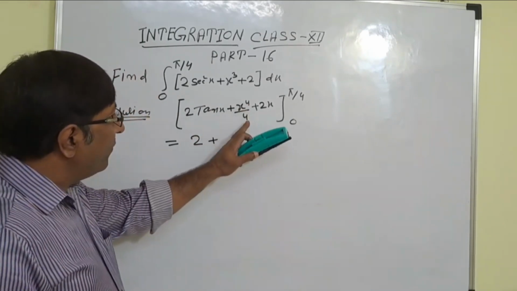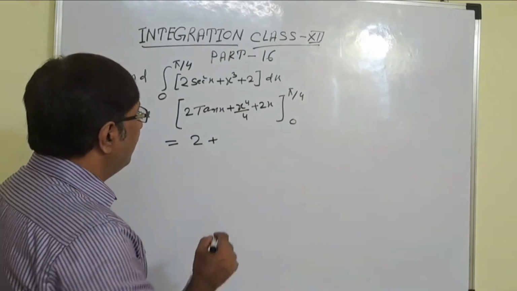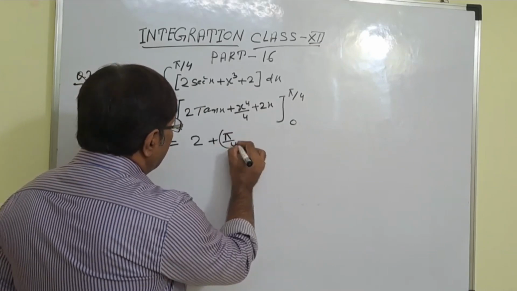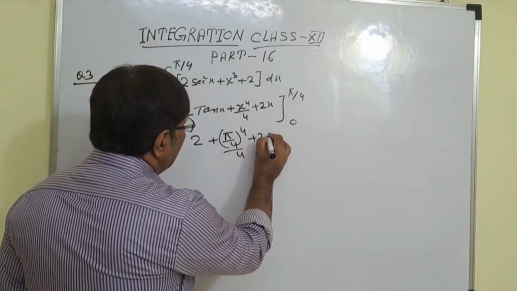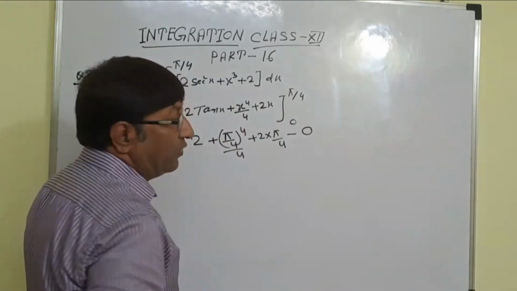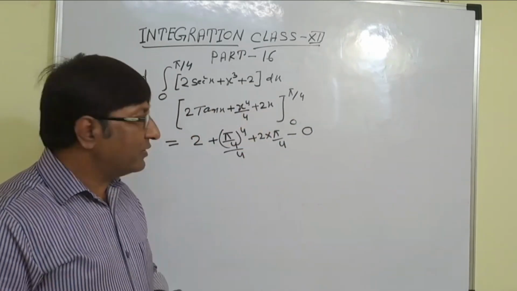Here x^4 by 4. So x^4 is what? Pi by 4 to the power 4. So we will get this is pi by 4 to the power 4 divided by 4 plus 2 into pi by 4 minus 0, because we will put 0 here. This is 0, this is 0 and this is 0.